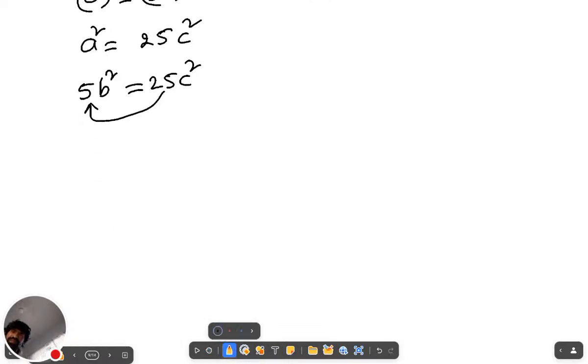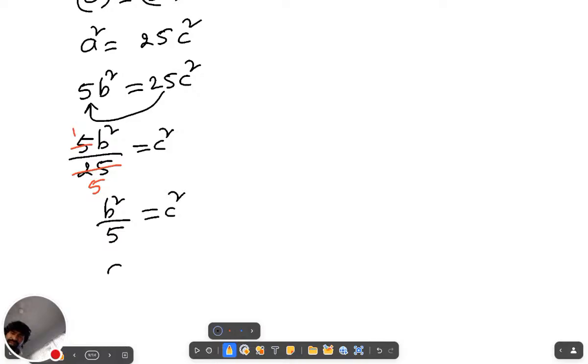Now it becomes 5b square by 25 is equal to c square. 5 ones are 5, 5 fives are 25. So now what do we have? b square by 5 is equal to c square. Otherwise, c square is equal to b square by 5.